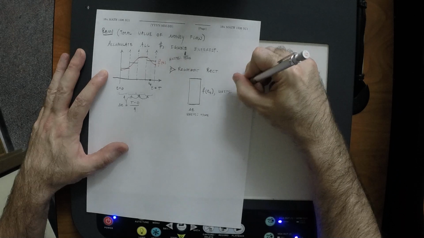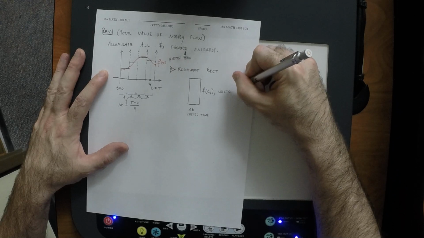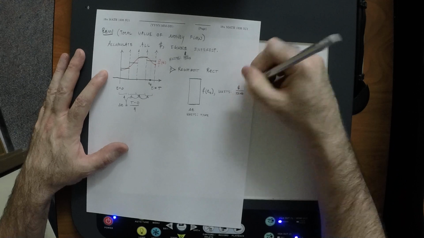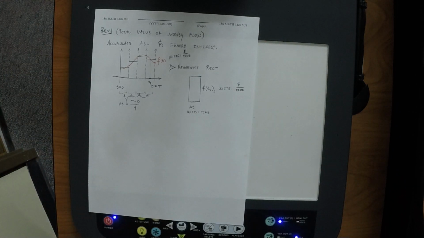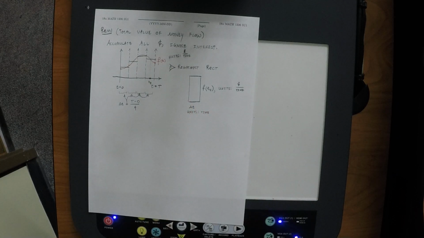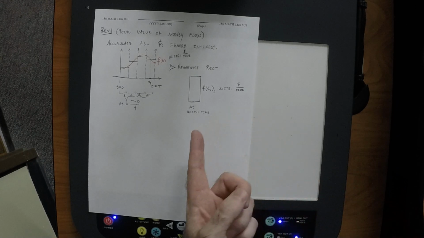Money over time. Now, here's the thing, in calculus, usually we're just interested in purely geometric things. So to go back to when we were doing this before, we were basically only interested in the area of the rectangle. Well, let's stick with that for a moment, and let's consider the area of this rectangle.